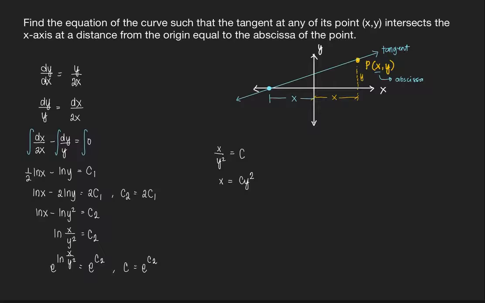So x equals cy squared, or what is this curve? These are actually family of parabolas. So y squared equals cx, that would be a family of parabolas, facing right or left. Okay, so that is our general solution to the problem.